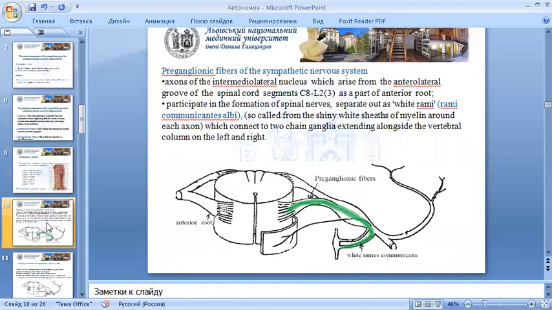Also related to the peripheral compartment of the sympathetic nervous system are the preganglionic fibers. Preganglionic fibers of the sympathetic nervous system are axons of the visceral interneurons, because we said that the intermediolateral nucleus is created by visceral interneurons.